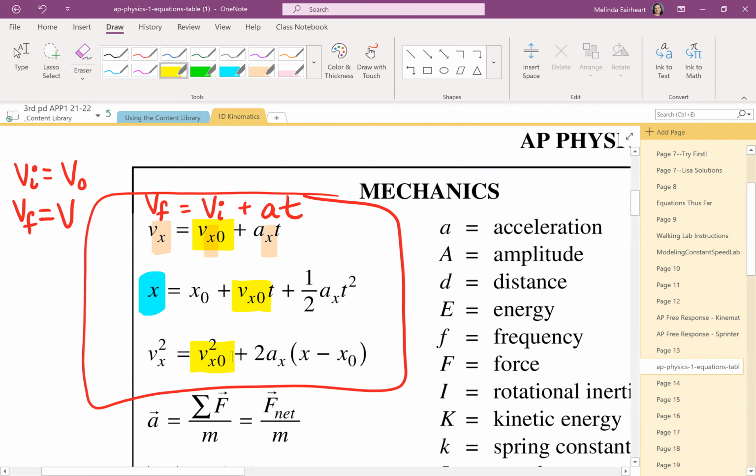So you need acceleration and initial velocity either given or something that you're solving for to use any three of these equations. And so with that initial velocity, how am I going to find the initial velocity of part 3 if they don't give it to me?